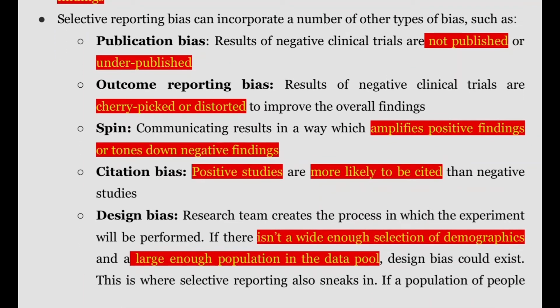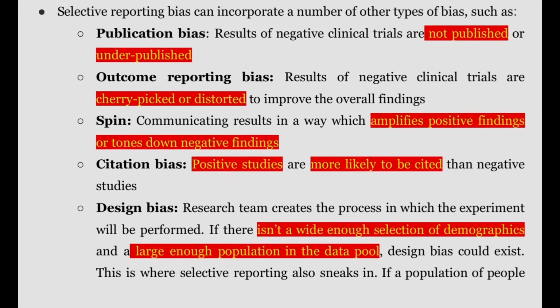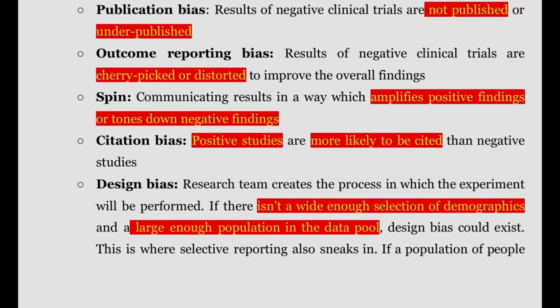Outcome reporting bias is where results of negative clinical trials are cherry-picked or distorted to improve the overall findings. Next we have spin bias, that is communicating results in a way which amplifies positive findings or tones down negative findings. Next we have citation bias, that is positive studies are more likely to be cited than negative studies. That's why you misinterpret data.